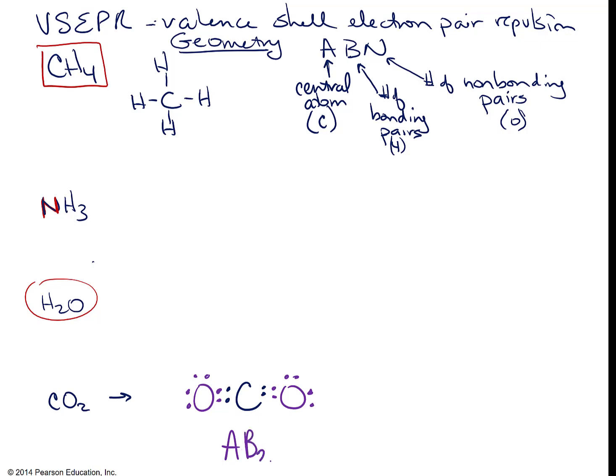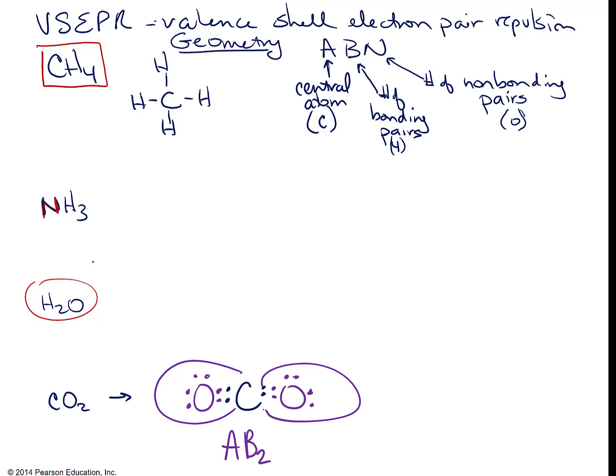A group connected could be by a single bond, a double bond, or a triple bond. So that carbon has two groups connected, regardless of electrons.